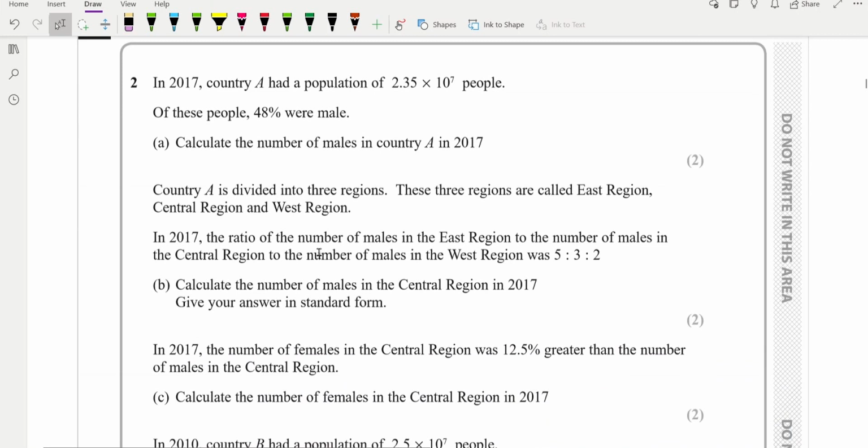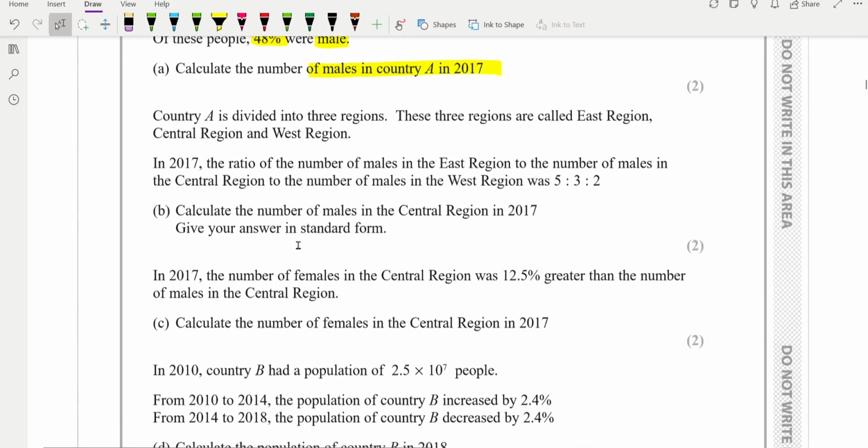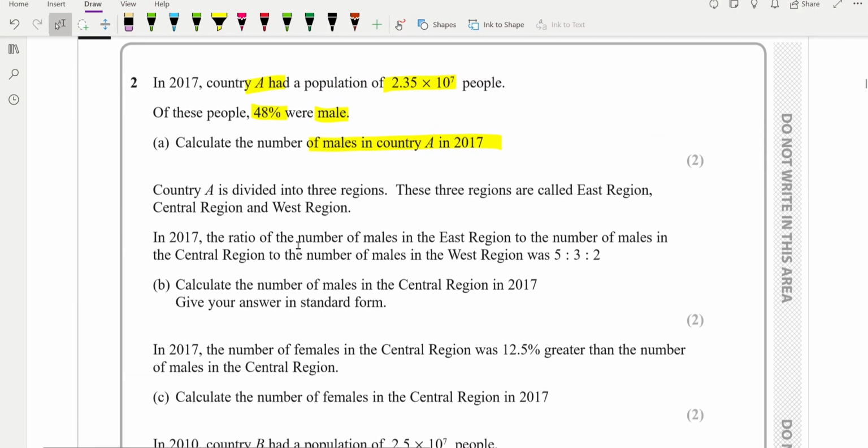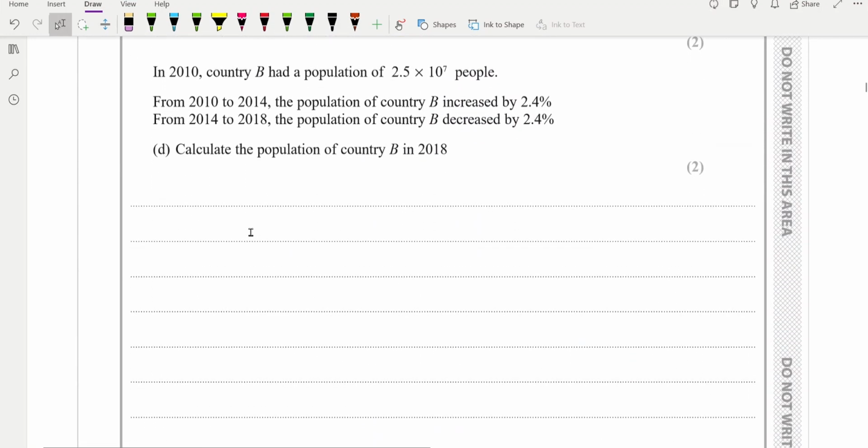Now question number 2. In 2017, country A had a population of this much, and of these people 48% were male. Calculate the number of males in country A in 2017. So we have to calculate 48% of this value. So directly we can find 48%.